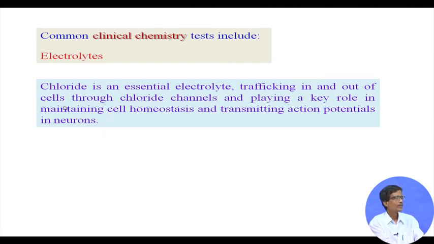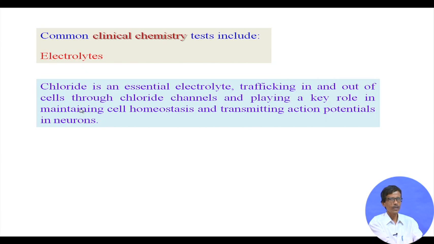One such electrolyte is chloride. We always talk about the concentration of sodium and potassium, but we neglect the corresponding anion, because we take all these as sodium salts. Chlorides automatically come in when you talk about sodium and potassium: the chloride ion, Cl minus. This can also be considered a good electrolyte trafficking in and out of the cell.